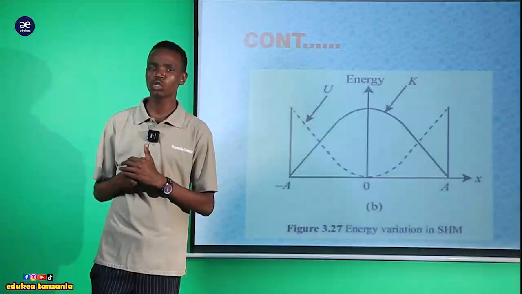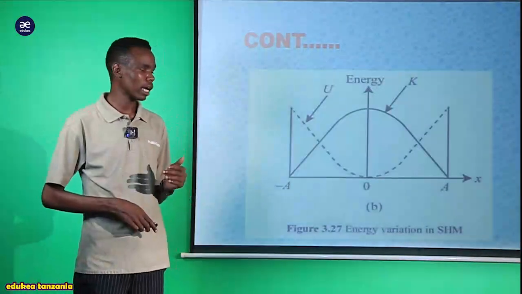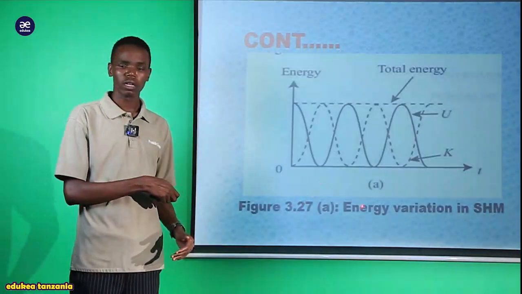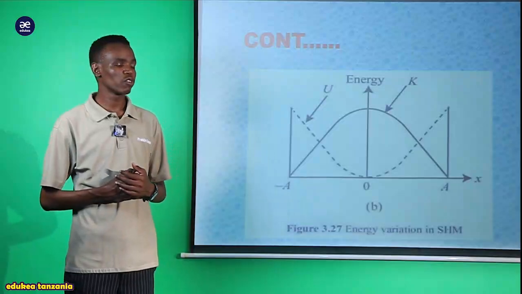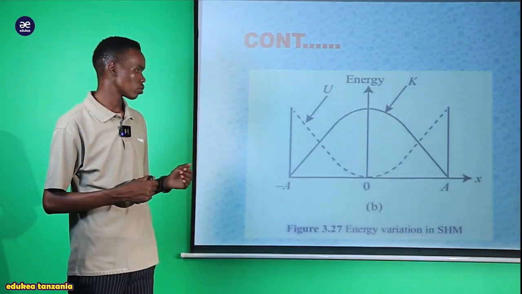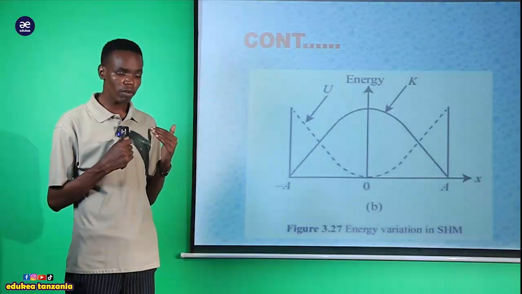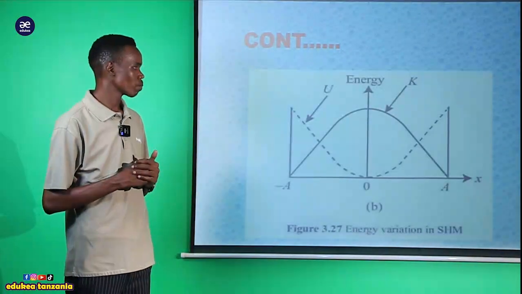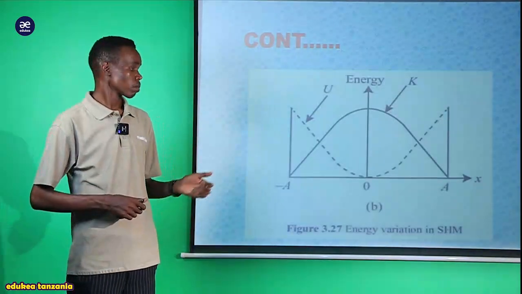If you are asked to draw the curve that gives us the relationship between energy and time, you should sketch this figure number 3.27 Romani A. But if you are asked to sketch the figure that gives us the relationship between the energy and also the displacement, you should sketch this one.